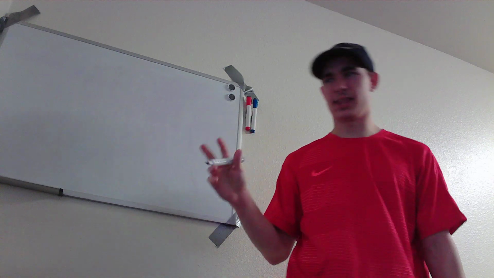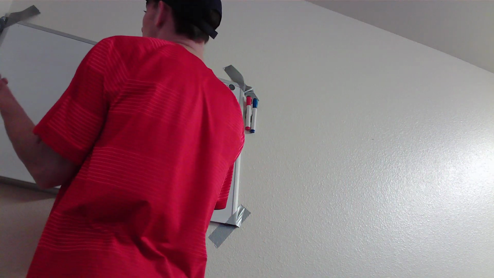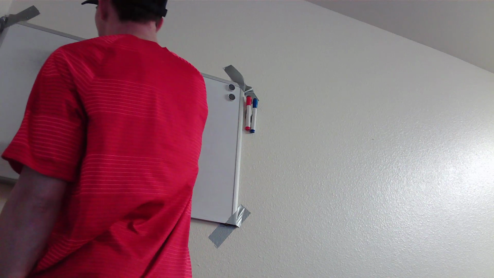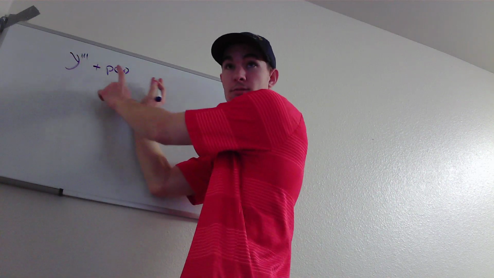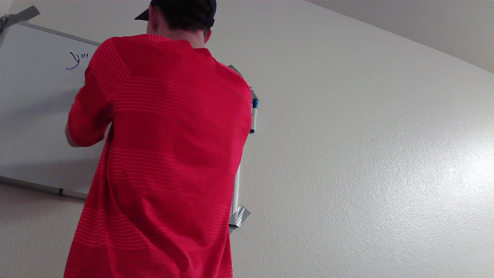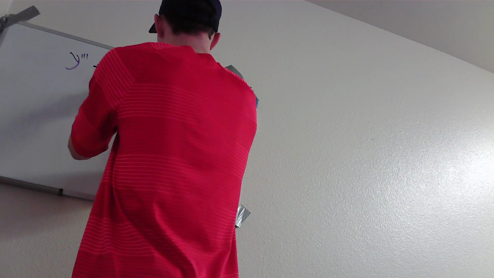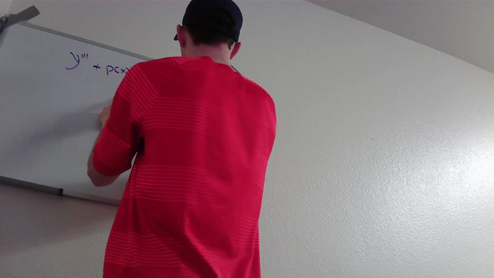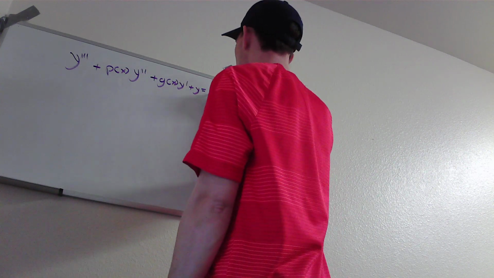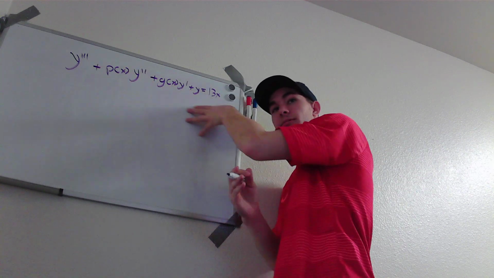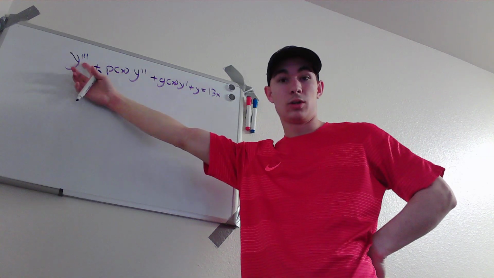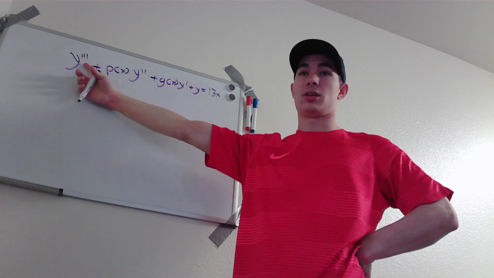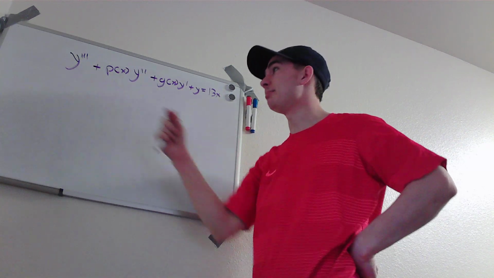So you have a differential equation which looks like this: y triple prime plus p(x), which is a function of x, times y double prime plus g(x) y prime plus y equals 13x. This is a differential equation. Ta-da! I don't know how to solve it yet. The order is 3, because this is the third derivative of y.